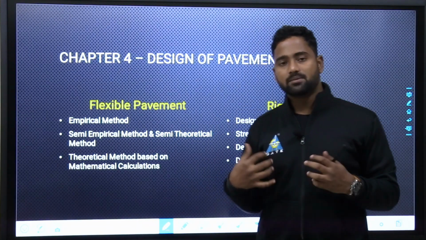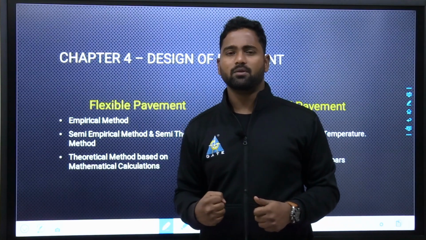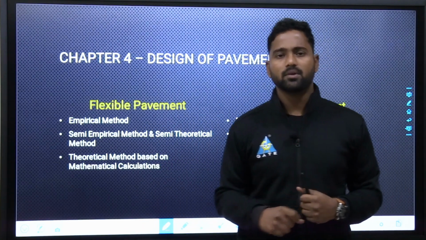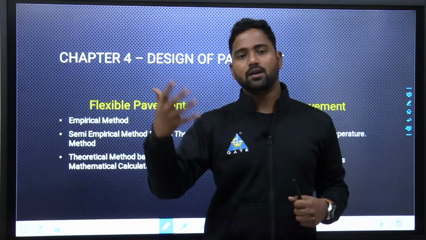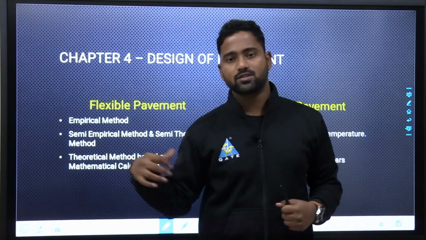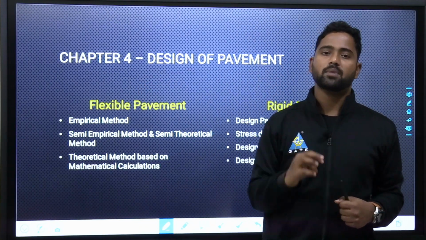Fine. In flexible pavements, there are different methods to design the pavement. So what exactly is flexible pavement? How exactly will the cross section be? What are subgrade, subbase, base course, surface course? All those things we'll be seeing here. And what are the IRC methods and design parameters?